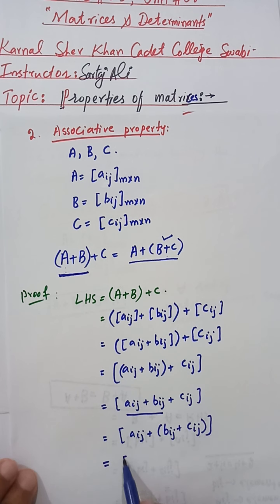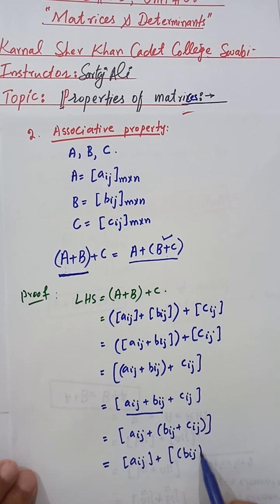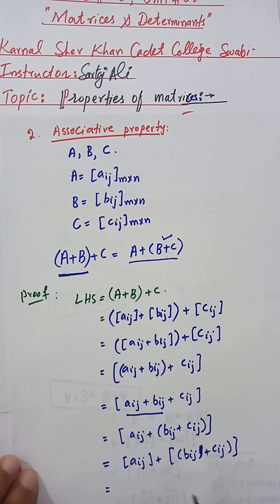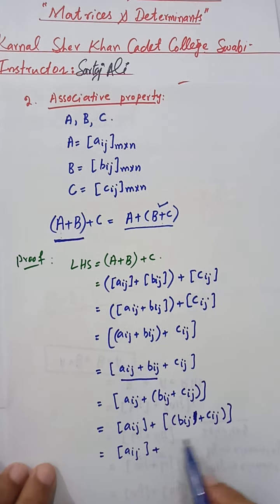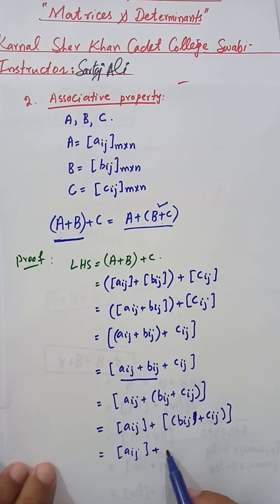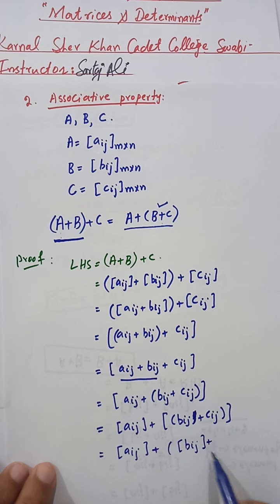Now split this, so this can be written as aij + (bij + cij). Further, this is written as aij + (bij + cij).